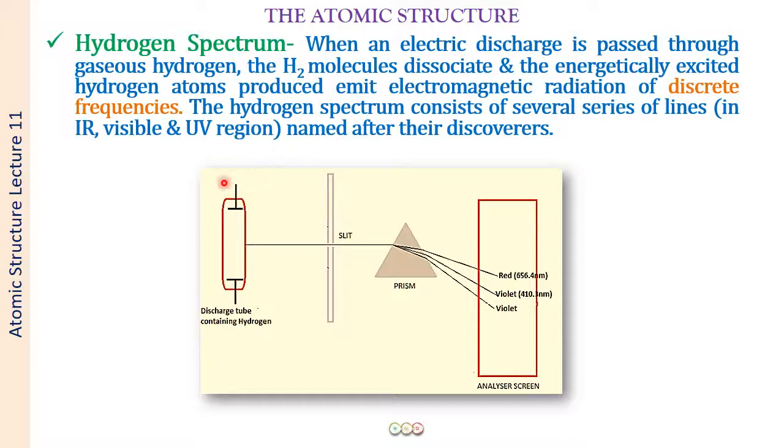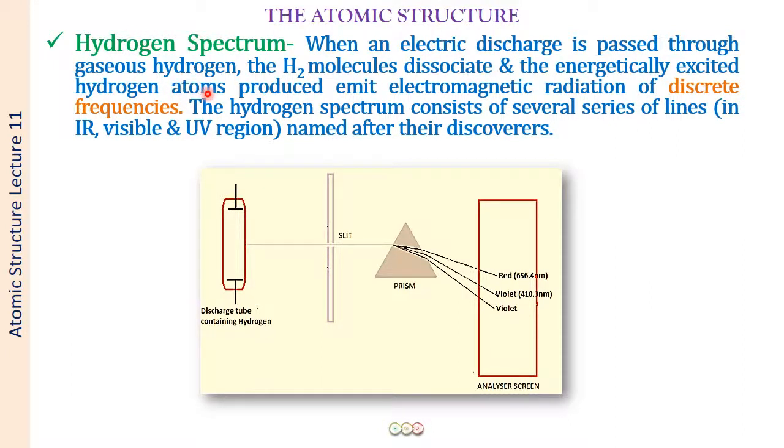When an electric discharge is passed through the hydrogen gas, the hydrogen molecules dissociate. They break up into atoms, and now these atoms pick up the energy. The electrons move to higher energy levels, and hence the hydrogen atoms get excited.